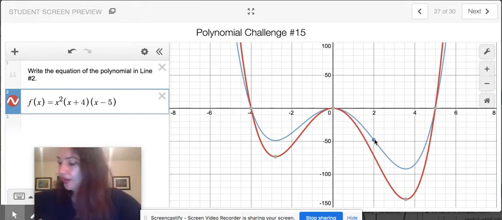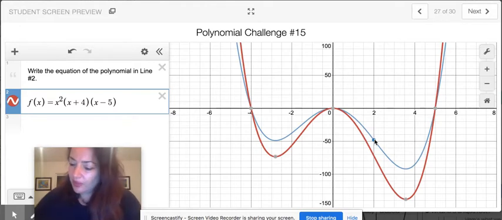Okay, so I am going to try to rewrite the equation here. So let me first copy it down. Some a value times x squared times x plus 4 times x minus 5, and we will choose this point, which is 2, -48.